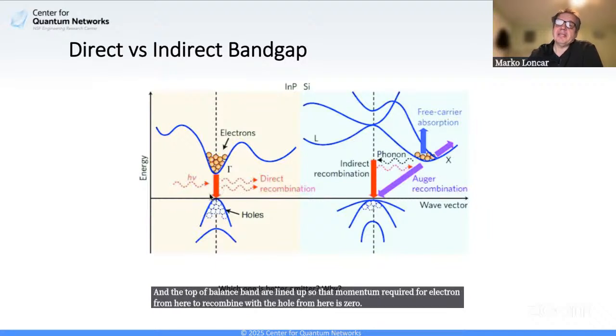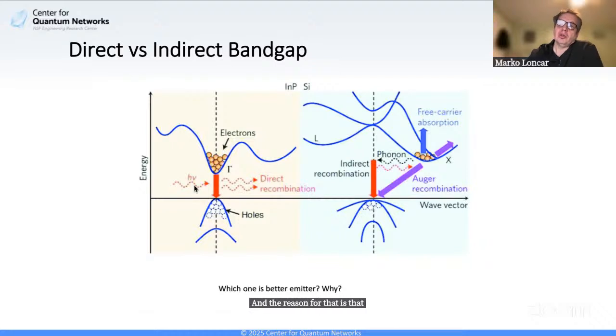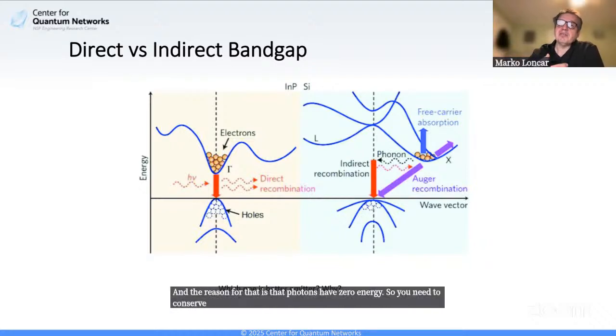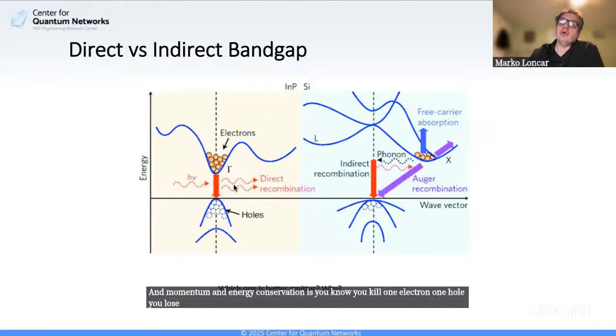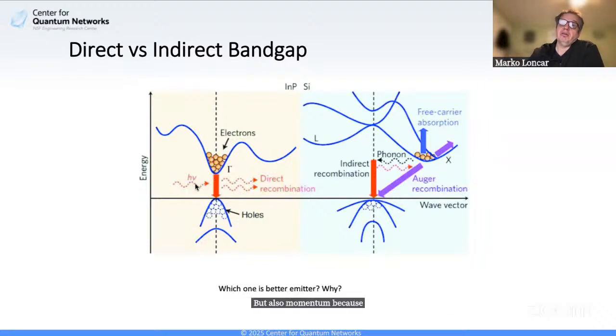The reason for that is that photons have almost zero momentum, so you need to conserve energy and momentum in this process. For energy conservation, you kill one electron and one hole, you lose energy, but you generate a photon, so you gain energy. So the net energy balance is zero, but also momentum, because the momentum of a photon is zero, more or less.